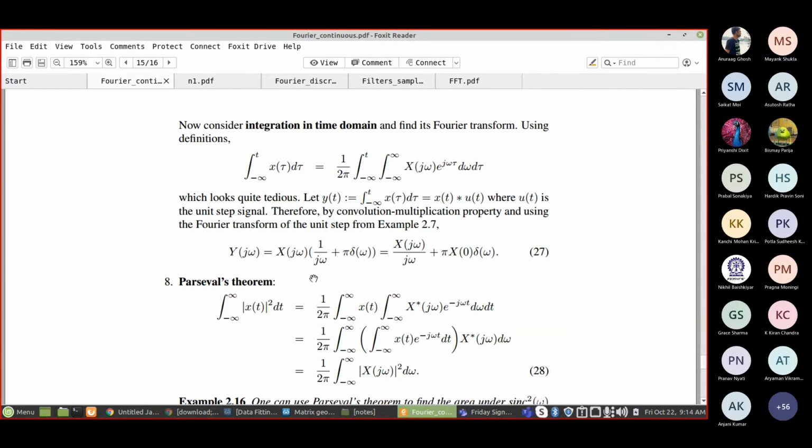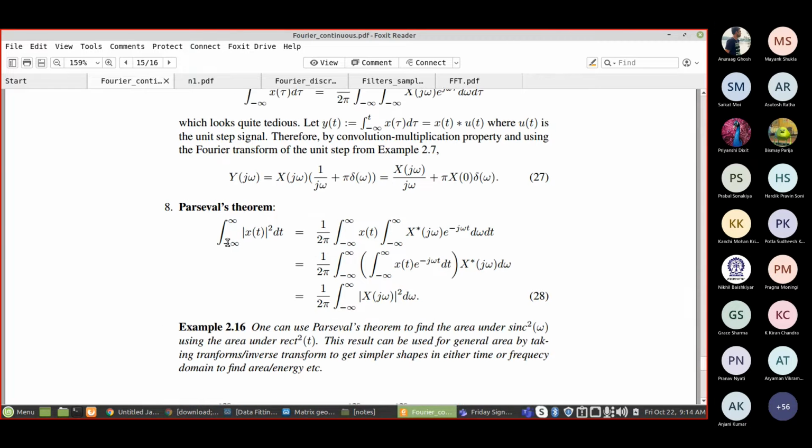Let's move on. So Parseval's theorem, I hope you have seen it, but if not, let me know. Otherwise I will not go through this again. This is also pretty straightforward, and maybe I will just give a linear algebraic interpretation of this.